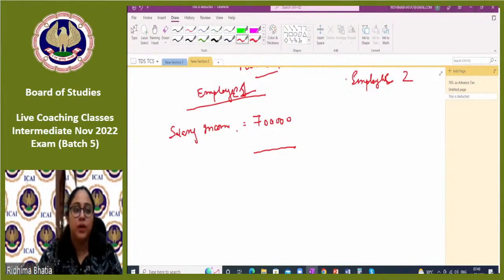With cess, Rafiq bhai, how much is the tax amount for 7 lakhs? Very good. So the first answer is given by Memon Rafiq bhai. Good.